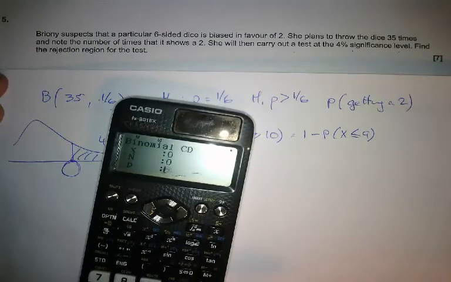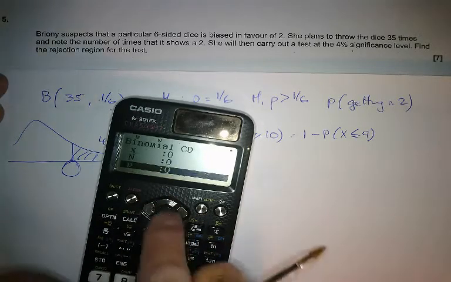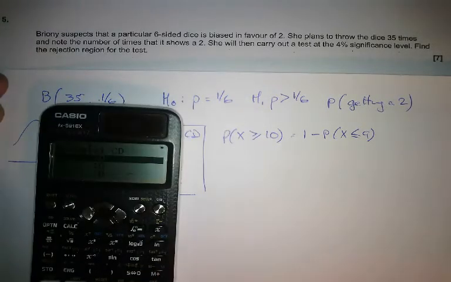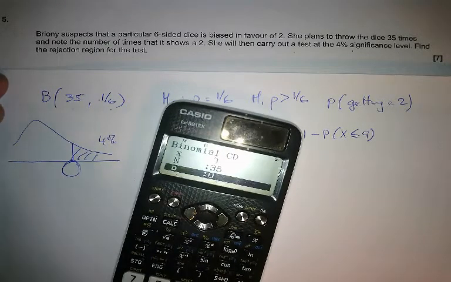So let's go back up and start again. My x value we're going to put in 9. I have 35 goes at this, and the probability of success is 1/6.